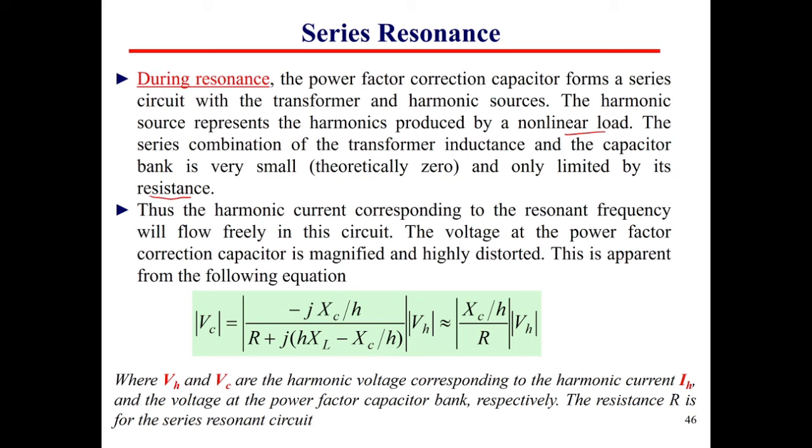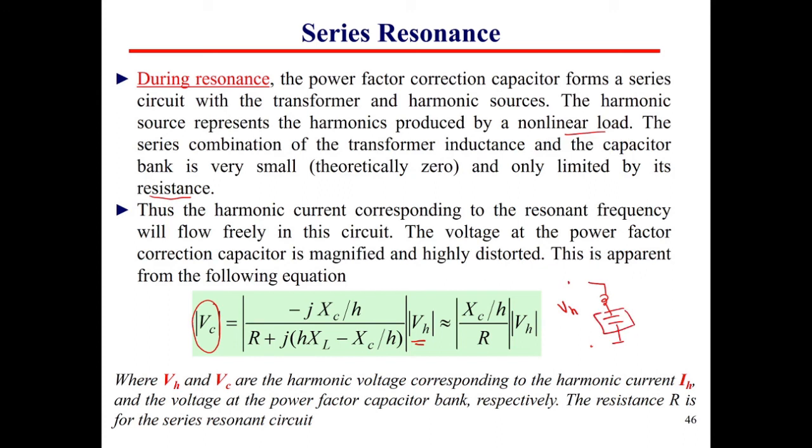The voltage across the capacitor bank will be equal to the total harmonic voltage, since the capacitor bank is connected in series with the transformer in this case. Between here and there we have the harmonic voltage. To find the voltage across the capacitor bank, we can use a voltage divider.